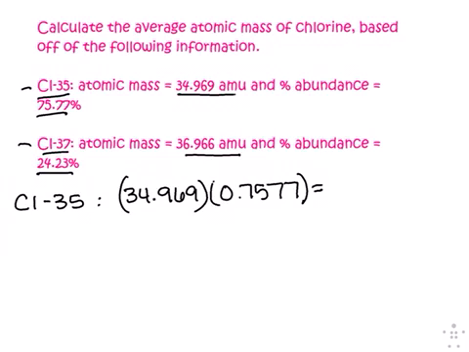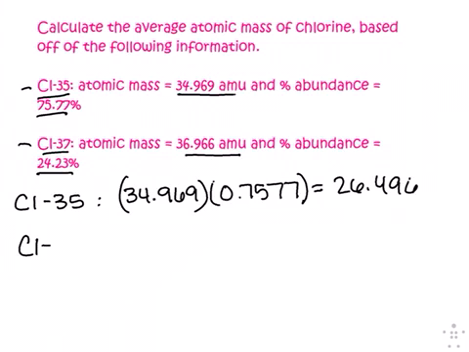When you do this arithmetic, what do we get? Cora, what is it? 26.496. Let's keep the extended decimals here because we should always only round right at the end.